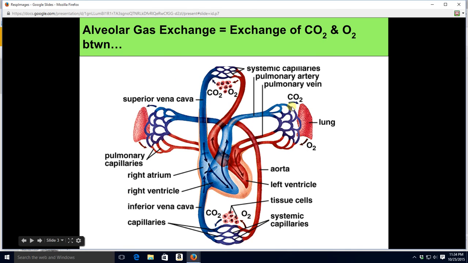CO2 moving from pulmonary capillaries into alveolar air. Oxygen moving from alveolar air into pulmonary capillaries. Of course, once you know the direction of the flow of gases, you can tell me where the pressure of oxygen is higher, where the pressure of CO2 is higher. So write that down too. You can check on me if you want.